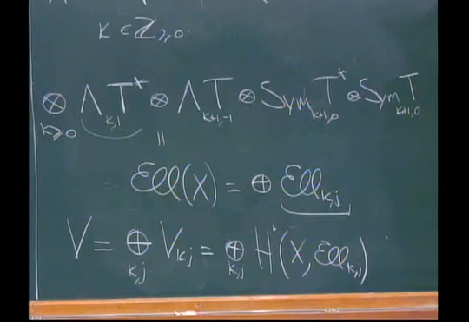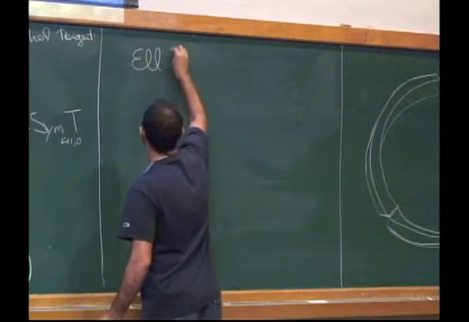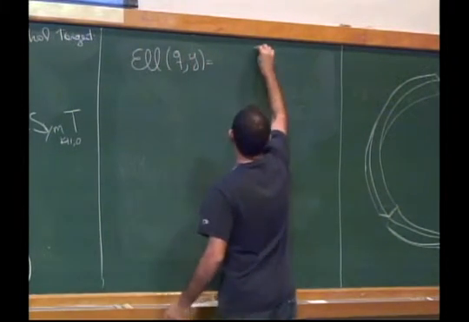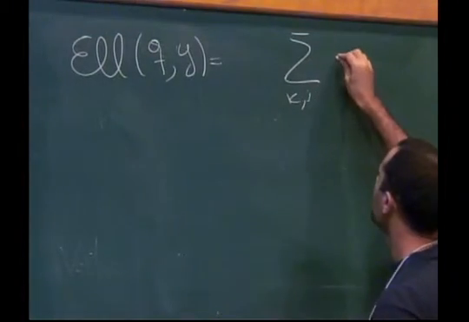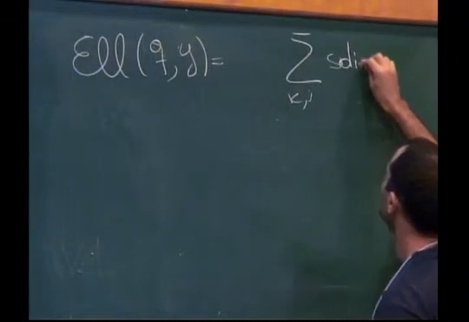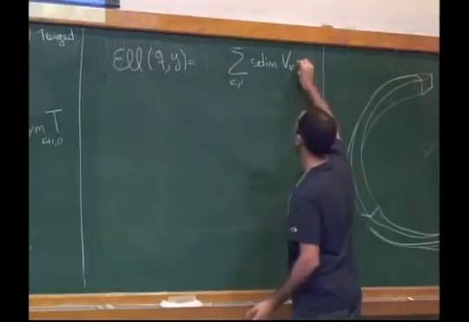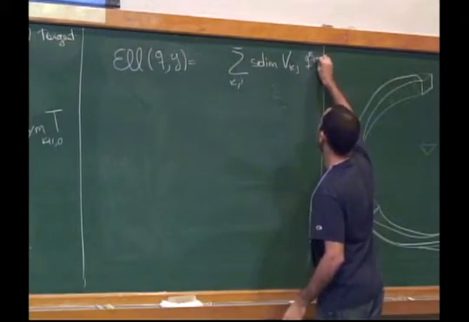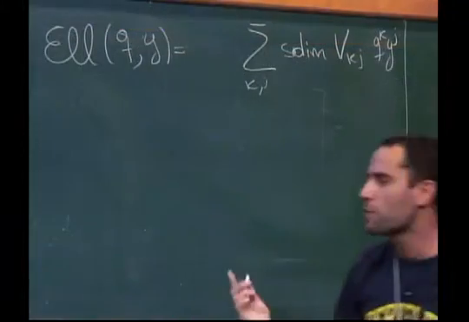And whenever I have a vector space which has a bigrading by finite dimensional pieces, then I can take its graded dimension. I will define L(Q,Y) as the sum over all Kj of the super dimension of Vkj times Q to the K, Y to the J. Here, super dimension means the following.